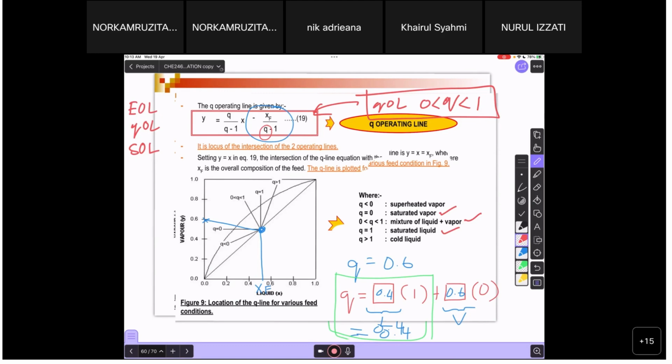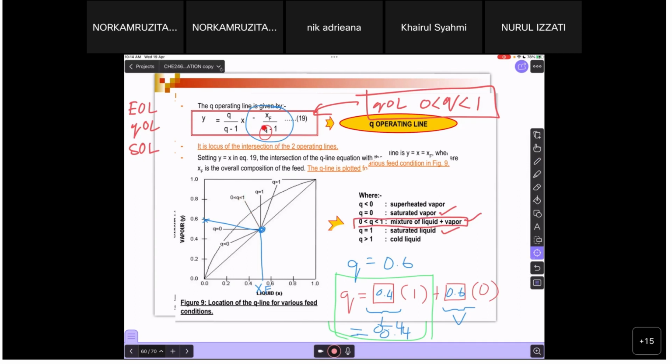So if the Q is between 0 and 1, you are going to get an inclined straight line for your operating line. Because it is inclined, you need to solve this one to get the y-intercept.